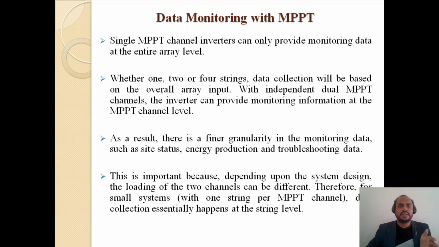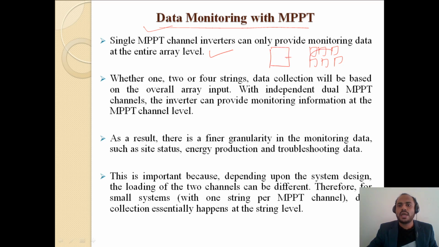When we talk about data monitoring with the MPPT, in a single MPPT channel the inverter can only provide the monitoring data at the entire array level. It means that, let's say these 10 to 20 panels we are connecting, and only one MPPT is there for the inverter, then the whole array output we have to combine at the combiner box, and again give power to the inverter over here.